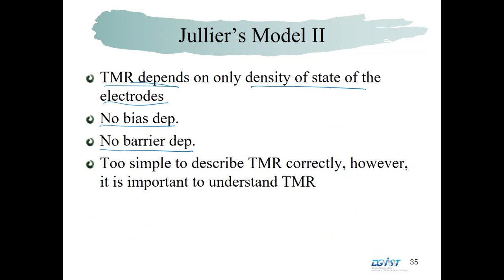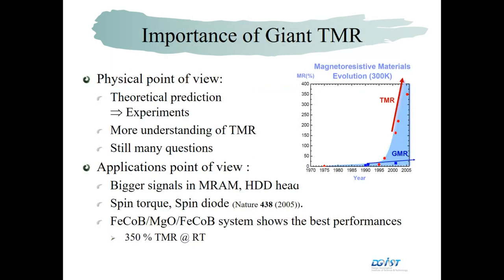And this Julliere model is quite correct, but it's too simple. But it is sometimes good enough to understand the basic idea of the TMR. But people want something more. We need a higher TMR. After TMR was discovered, actually it was discovered a very, very long time ago, but at that time the value was very small.